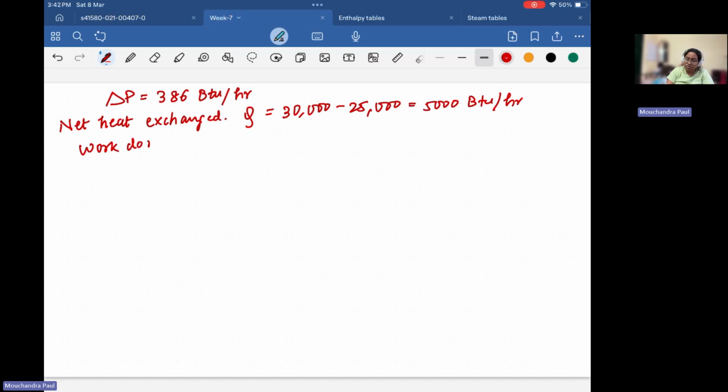The work done by the pump on water, so we have to write the value with the negative sign. 2 horsepower, and only 55% of it is used.